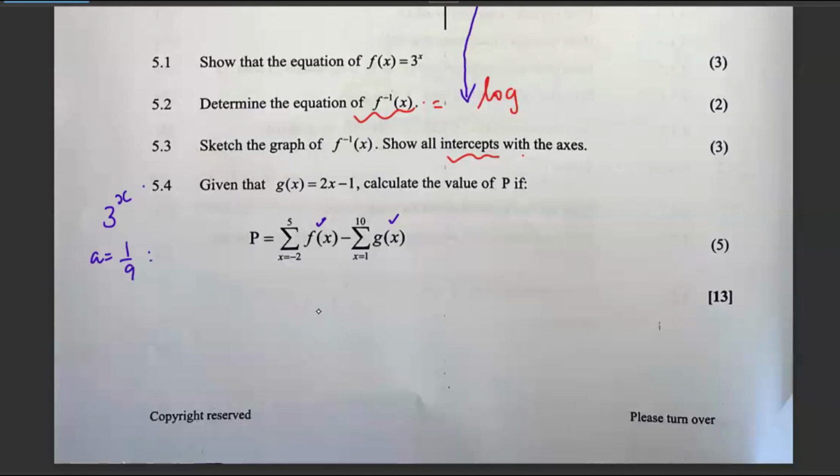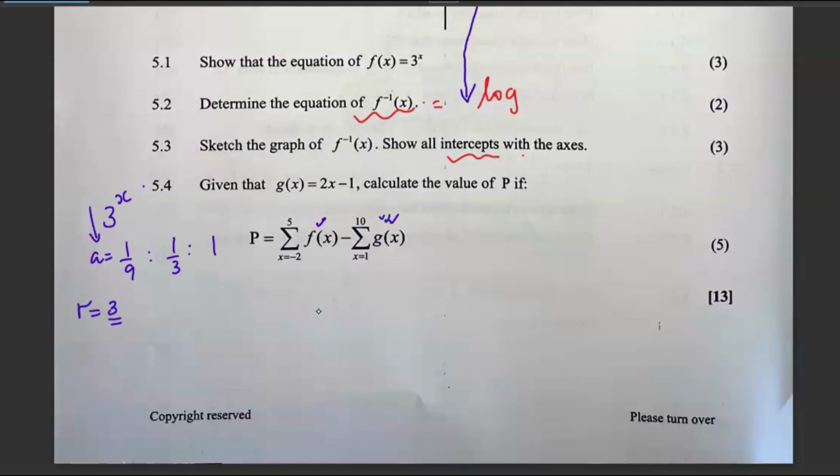And then if x is negative 1, we're going to have 1 over 3. And then x is 0, we're going to have a 1. What does this mean? It simply means that 1 over 3 divided by 1 over 9 gives us a 3. So our common ratio is just 3 for the first part.